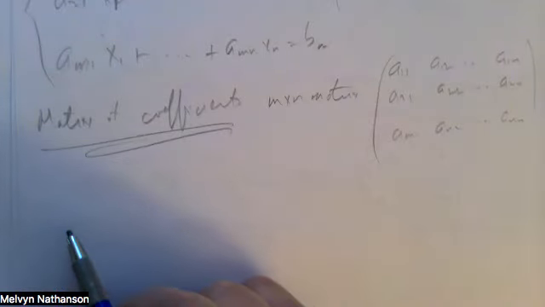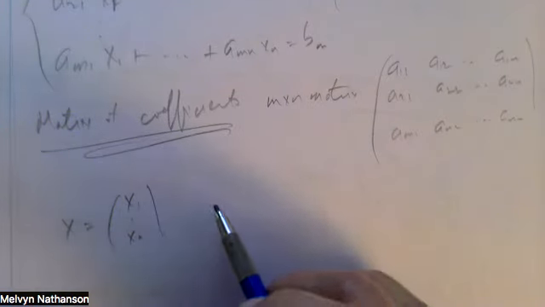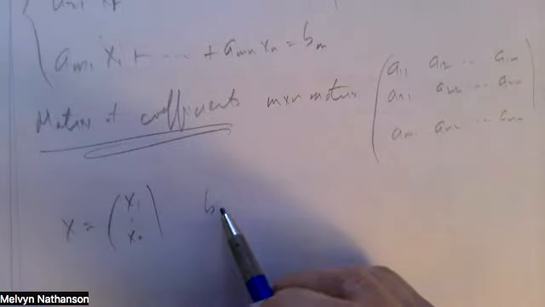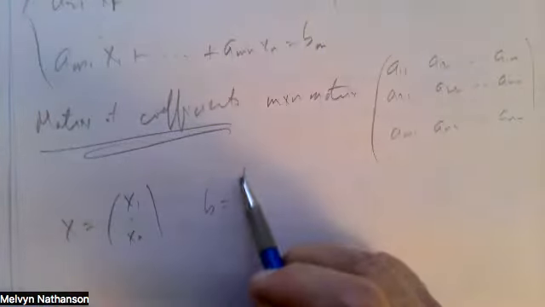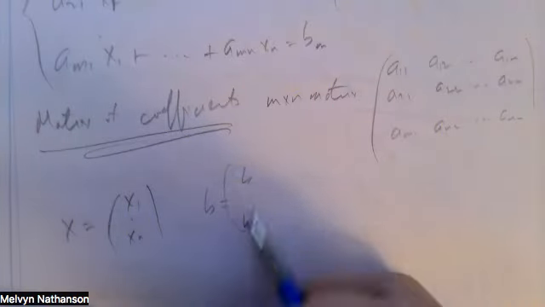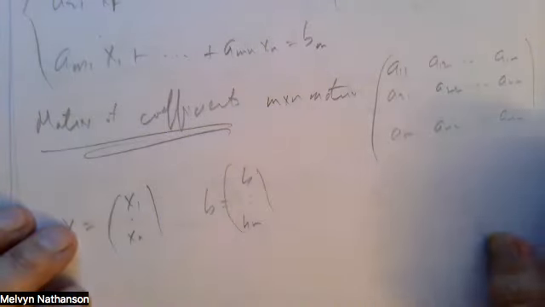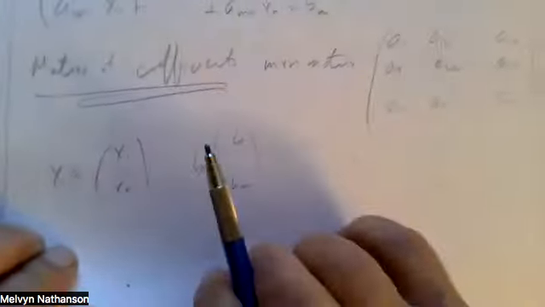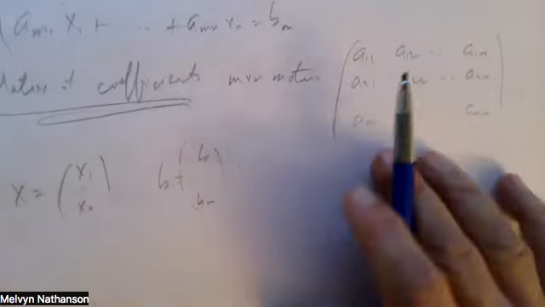Now, suppose you take the n-dimensional column vector x1 down to xn, and the m-dimensional column vector b, which are these numbers on the right-hand side. Suppose I want to look at AX.